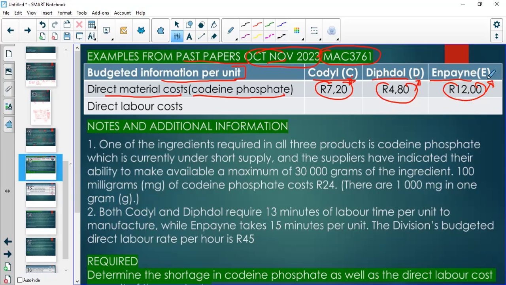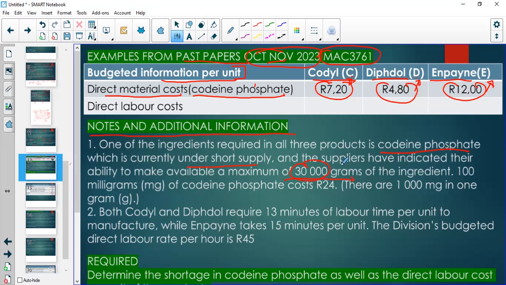This is a practical question that students wrote last year. And they tell you under additional information that this ingredient that you see here is required in all products and is currently under short supply. So the suppliers have indicated that they can only supply a maximum of 30,000 grams.